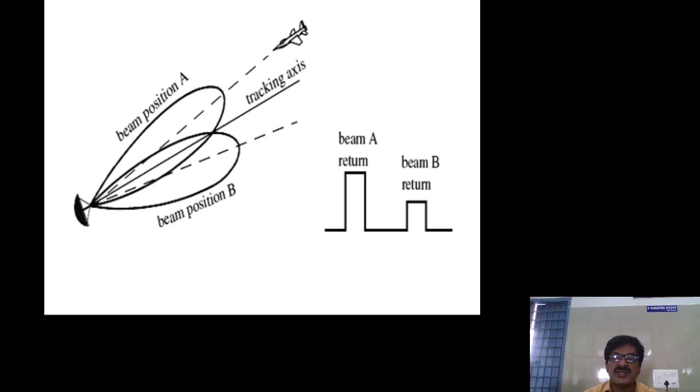Otherwise, if the target is not on the tracking axis, the amplitude of echoes returned for each lobe position is different, and so they produce an error signal. That error signal is helpful to change the position of the antenna. Like that, in sequential lobing, the radar unit can provide the track information about the target. In the next class we will see another technique called conical scan. Okay, thank you.